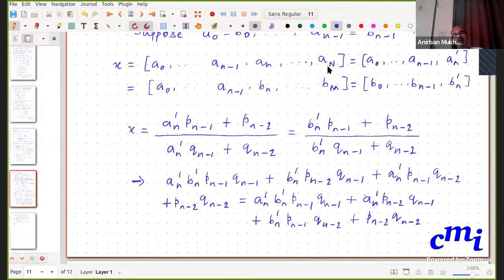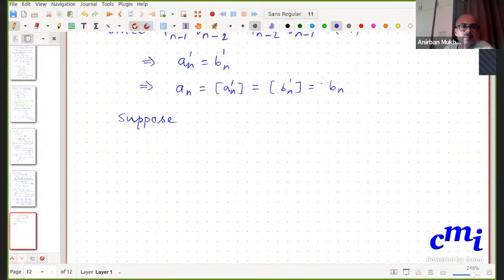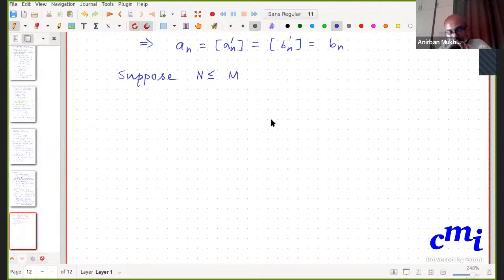Then we exhaust all the an and we might be left with some bn. That possibility is there, because we don't know a priori that capital N is equal to capital M. So let's do this. The other case would be exactly the same, just replacing a by b. So suppose n is less than or equal to m.